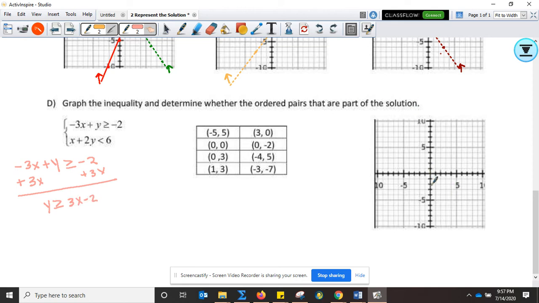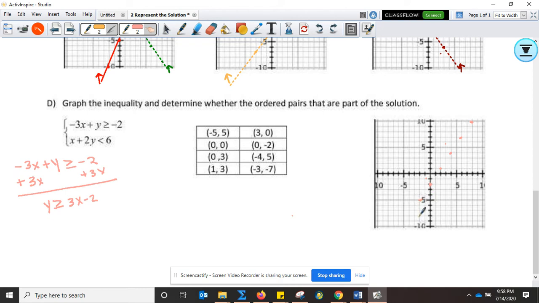Okay, so I'm going to graph that. Start at negative 2, rise 3, run 2. 1, 2, 3, run 2. If I could go up and right, I can also go down and left. So 1, 2, 3, 1, 2.